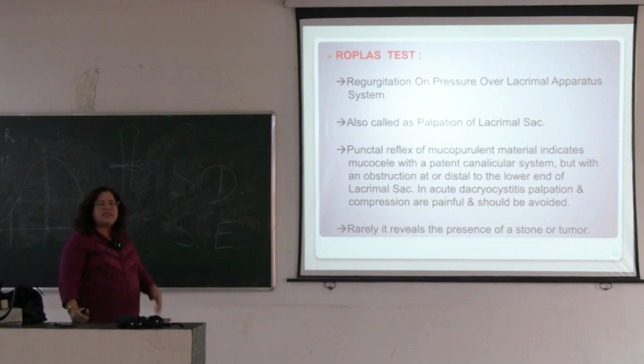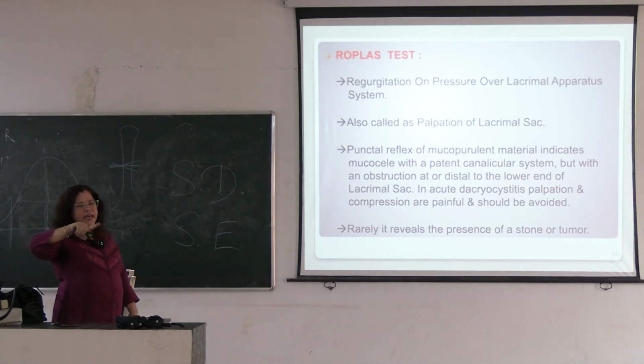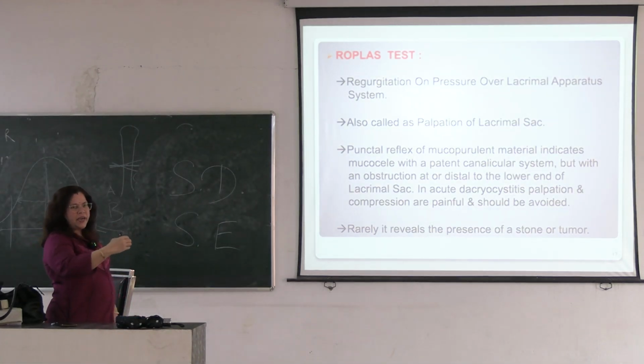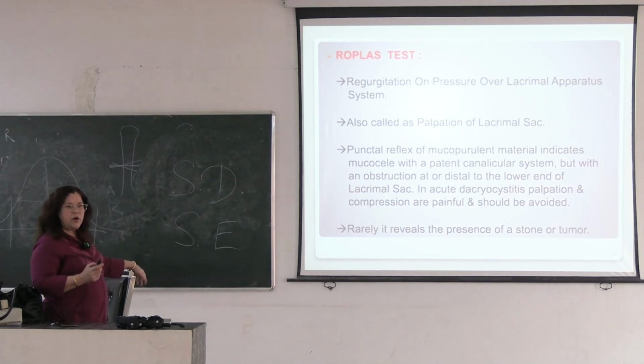And what is regurgitation? When we apply pressure over the sac area with the help of the index finger, if mucopurulent or mucoid or purulent material comes through the upper or lower puncta, that is called regurgitation test positive. If there is a blockage, then the regurgitation test is negative.